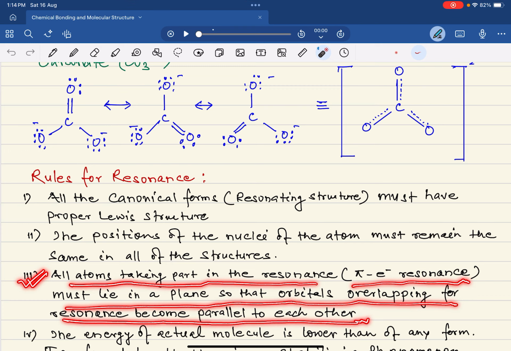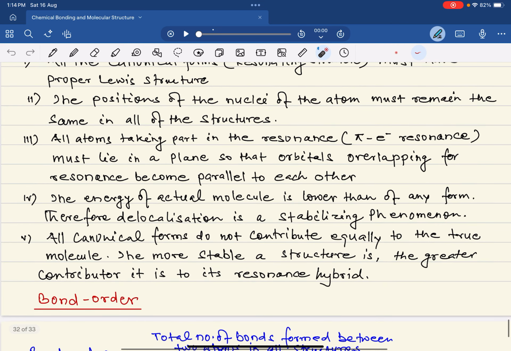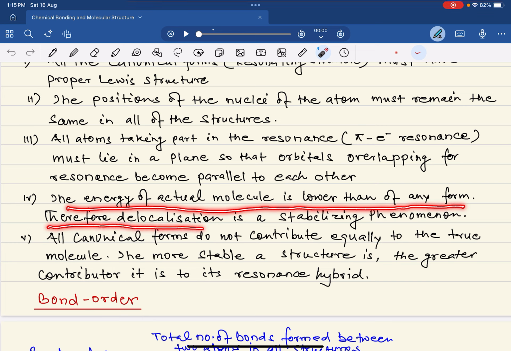This is a very important point. And the energy of the actual molecule is lower than that of any form, therefore, delocalization is a stabilizing phenomenon. This is again a very important line.